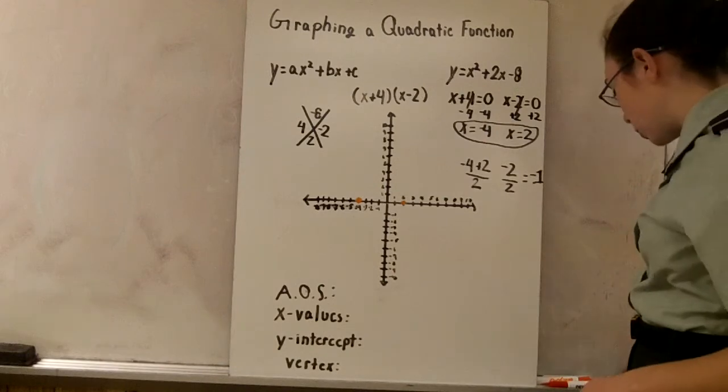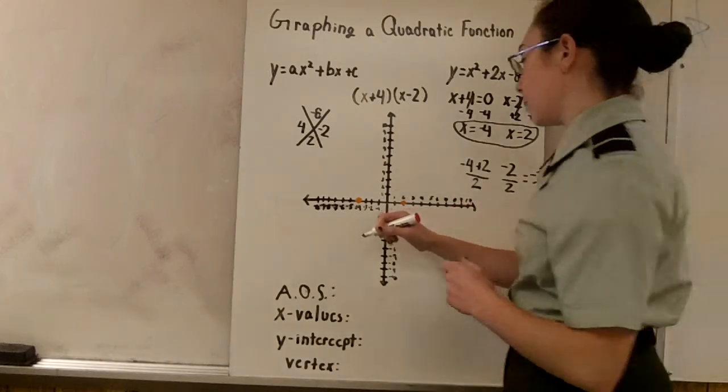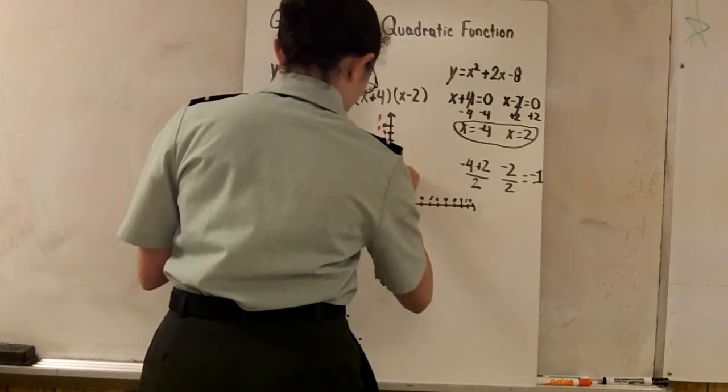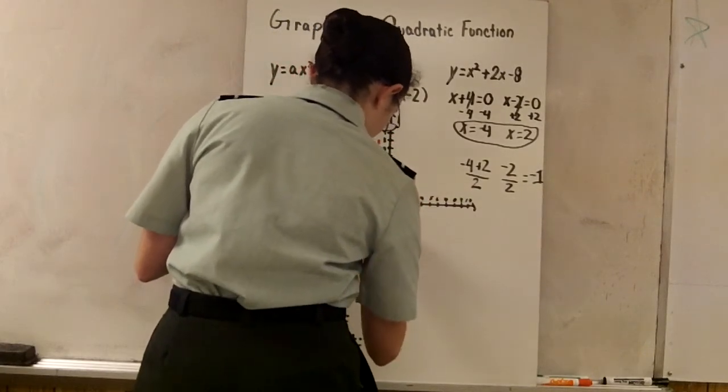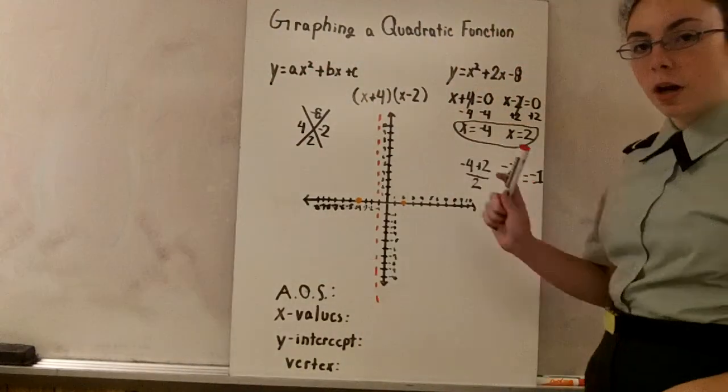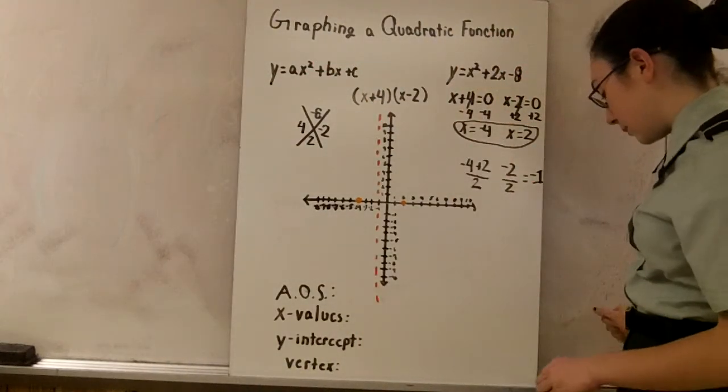So our axis of symmetry will be negative 1. Alright, so there's our x value for our axis of symmetry.